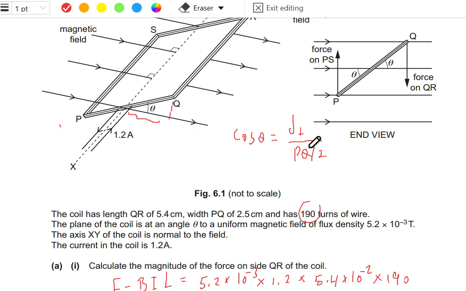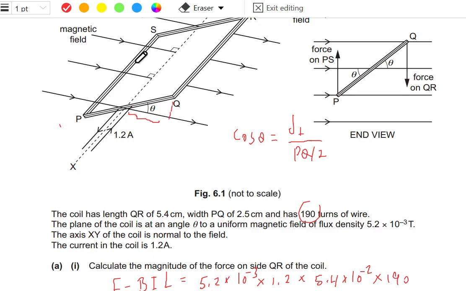The perpendicular distance equals cosine theta BQ over 2, but this will give the torque on side QR. As the coil rotates, there is another torque on side BS.